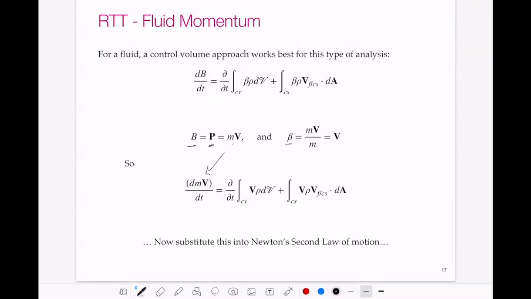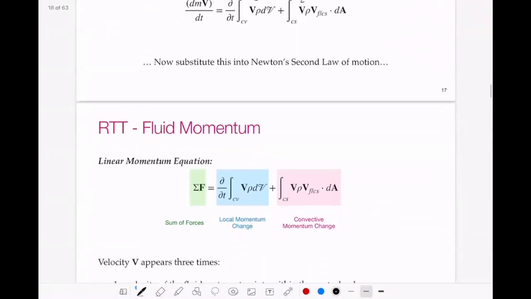So we have the same equation now as our continuity equation, except we're adding a velocity term in here and in here. If this left-hand side of the equation is equal to the sum of the forces acting on the system, then we can substitute this into Newton's second law of motion, and we get the linear momentum equation.